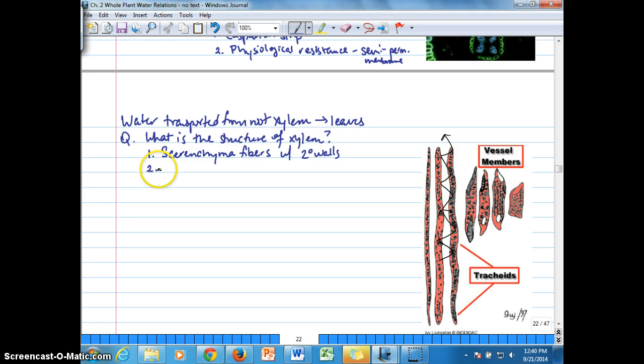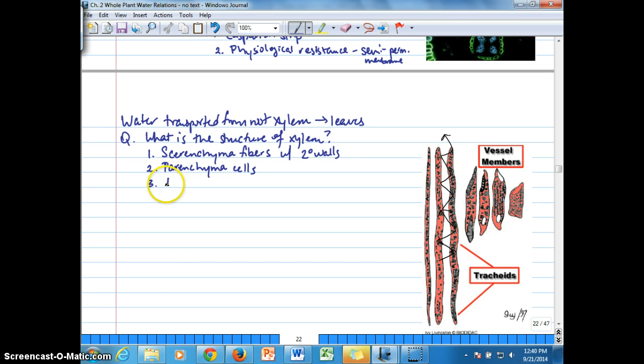Another component of xylem includes parenchyma cells, which are for storage and transport. And remember, they only contain primary cell walls, so they're not so helpful for structural support, but for supporting xylem in general.